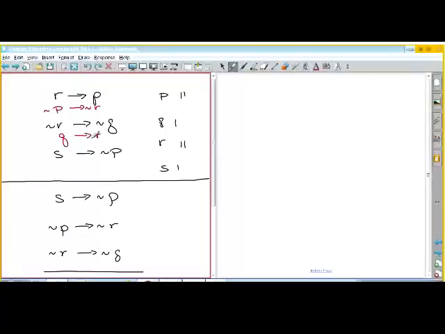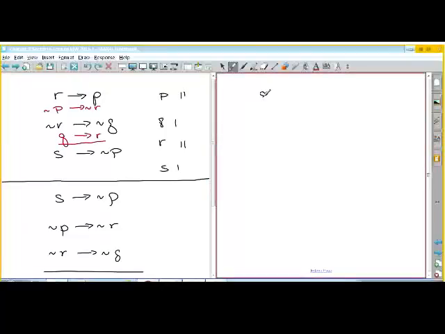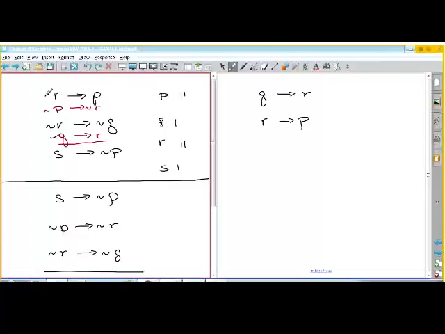So here I put the negations on, here I took the negations off. So I would use this as my first statement, which would be if Q, then R. And then I would say, oh, I already got the second part. I need something that has if R, then something, so I can cancel these out. So I've used this one, and I've used that one. The only one I have left is this.